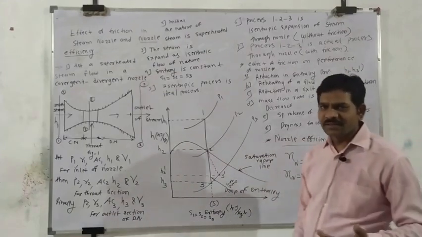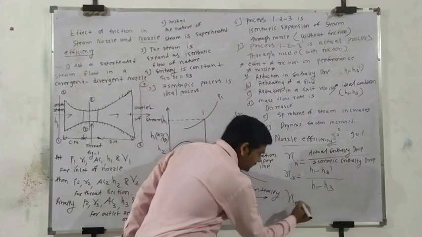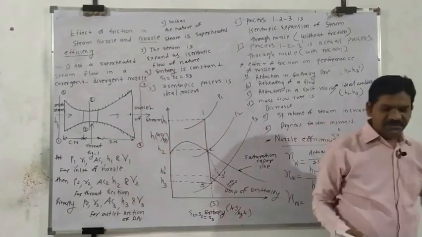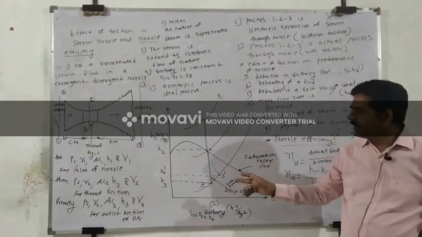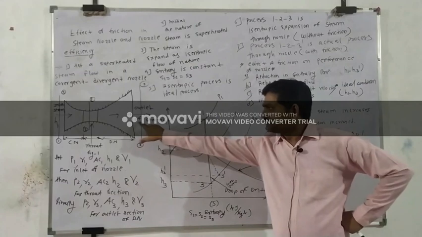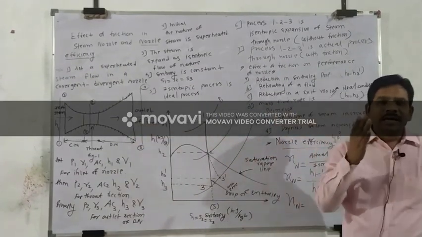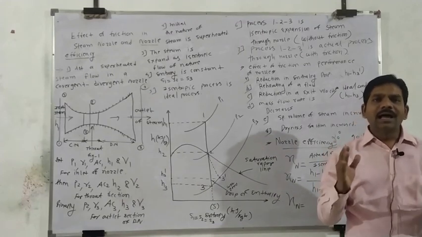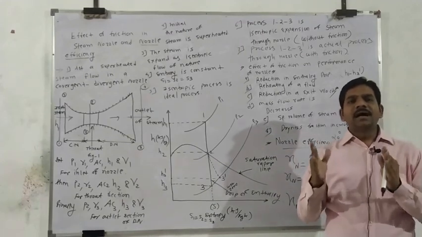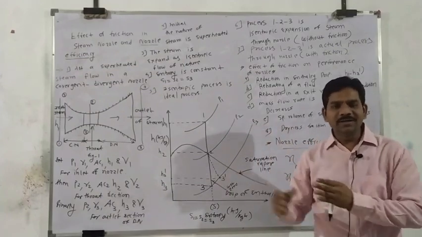What is this definition? Nozzle efficiency is also defined as the actual kinetic energy at the nozzle exit to the isentropic kinetic energy of steam at the nozzle exit.